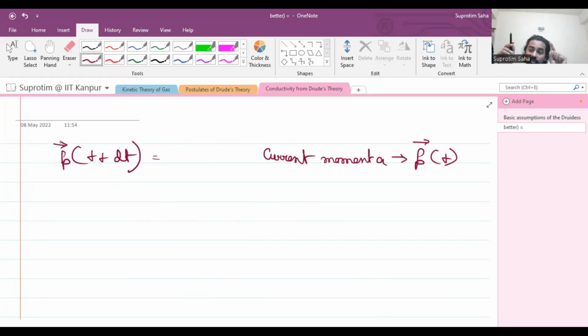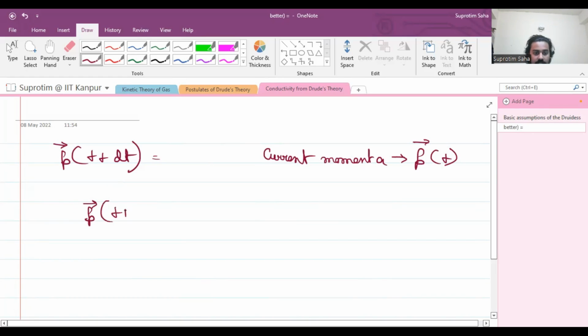So you have to take account of the fact that the electrons undergo collisions, and only those electrons that have not undergone a collision will contribute to the momenta. All right. So you have to give a certain weight to the momenta, and the weight is carried by the probability. So now only those fractions which have not undergone a collision will contribute to the momentum.